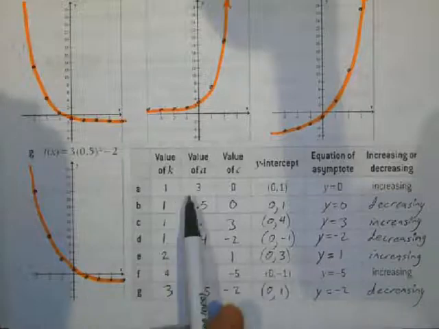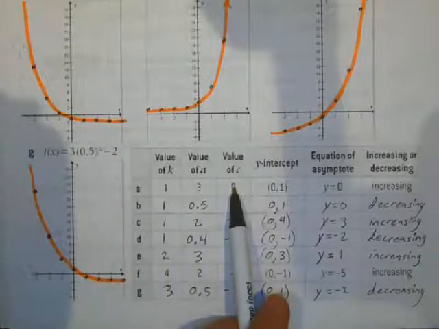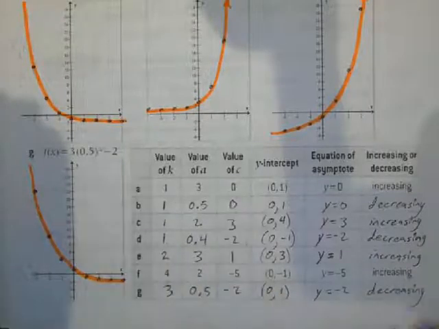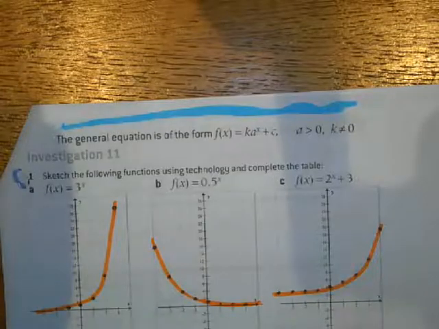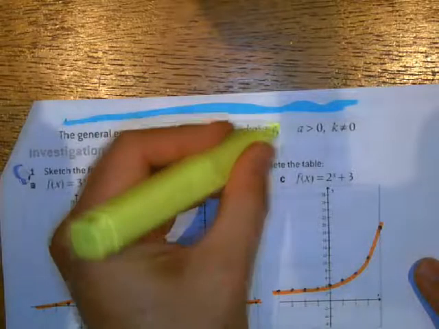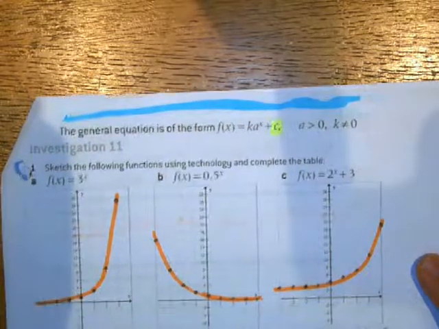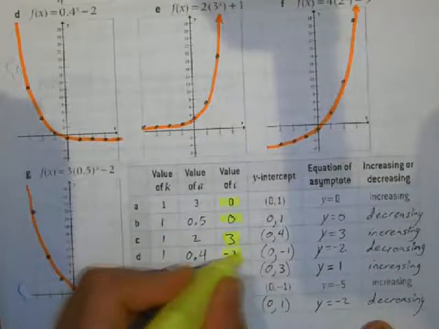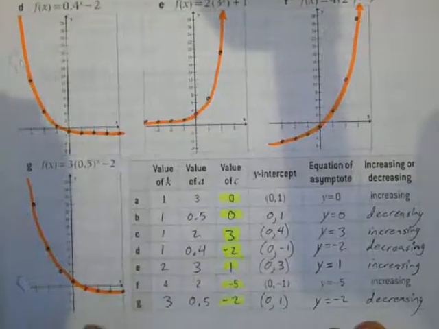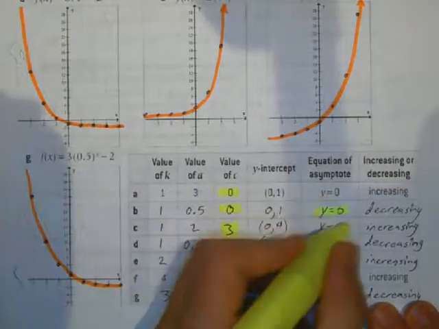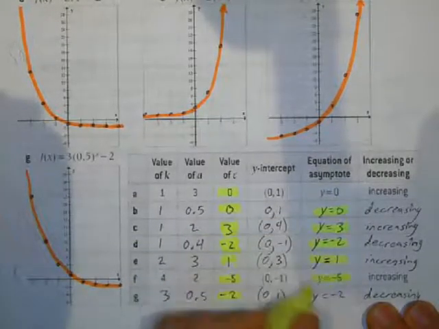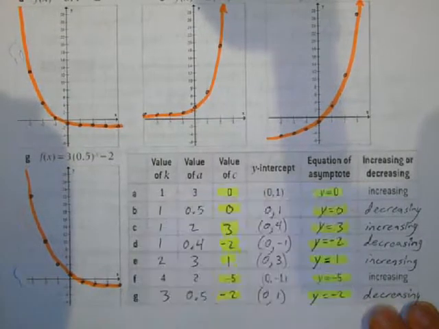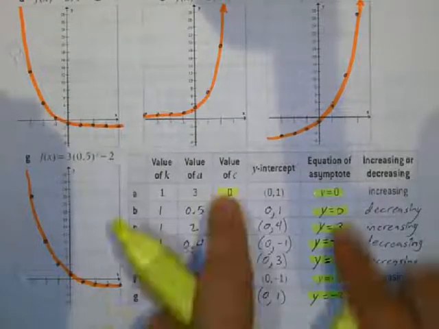Notice, c is this value here that we're adding by itself. And whatever our c value is, that gives us our horizontal asymptote.